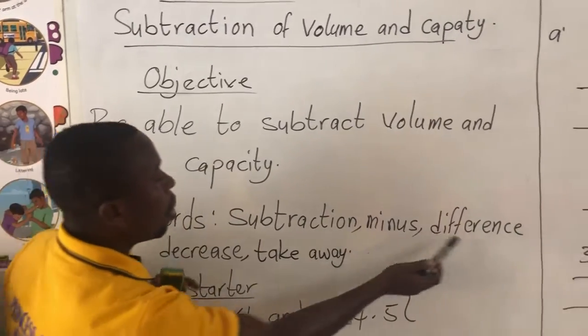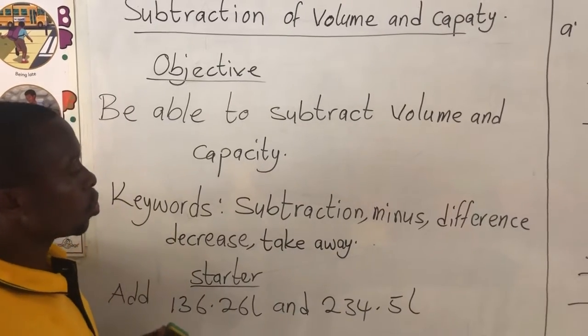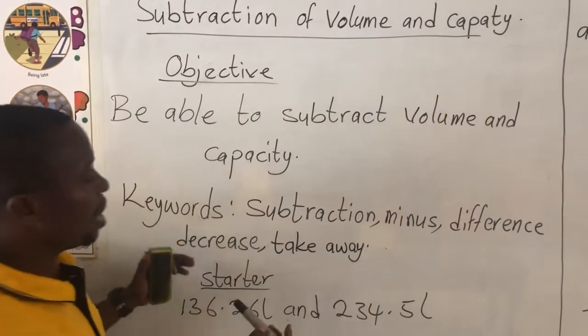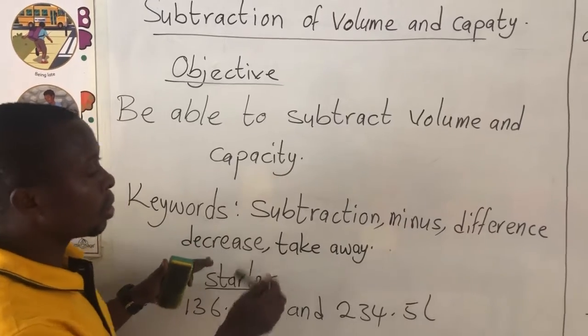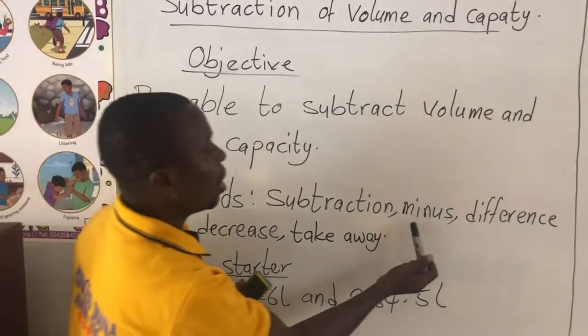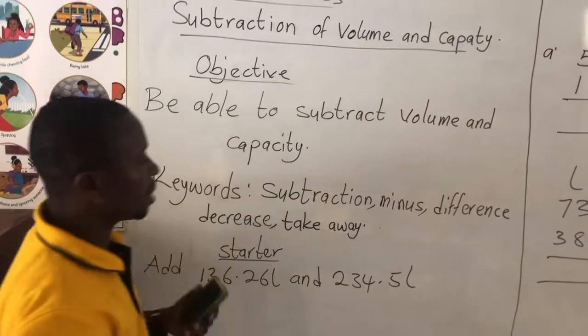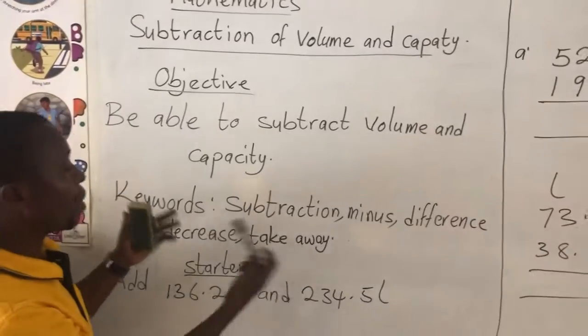All these words can be used in place of subtraction. So when we meet any of them in a question, we are talking about subtraction. You subtract something from something, or take minus something, or find the difference of something.